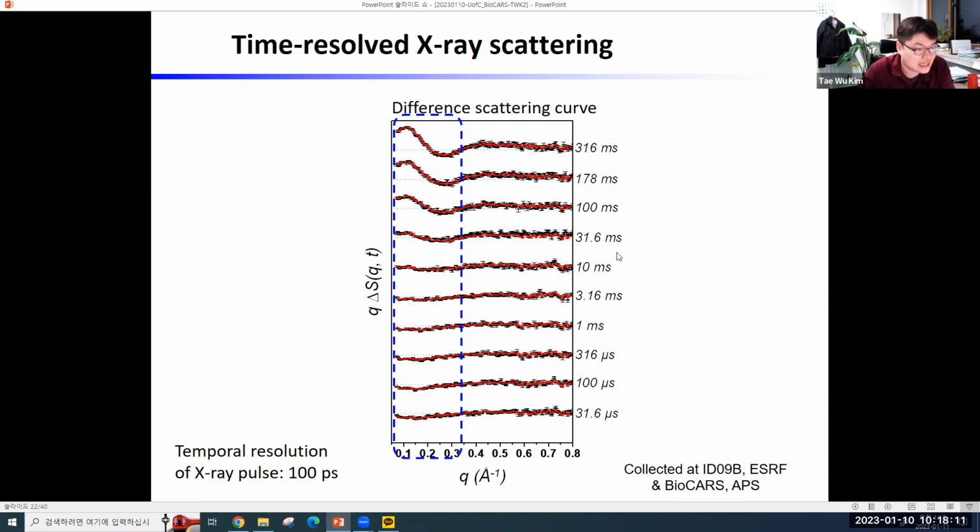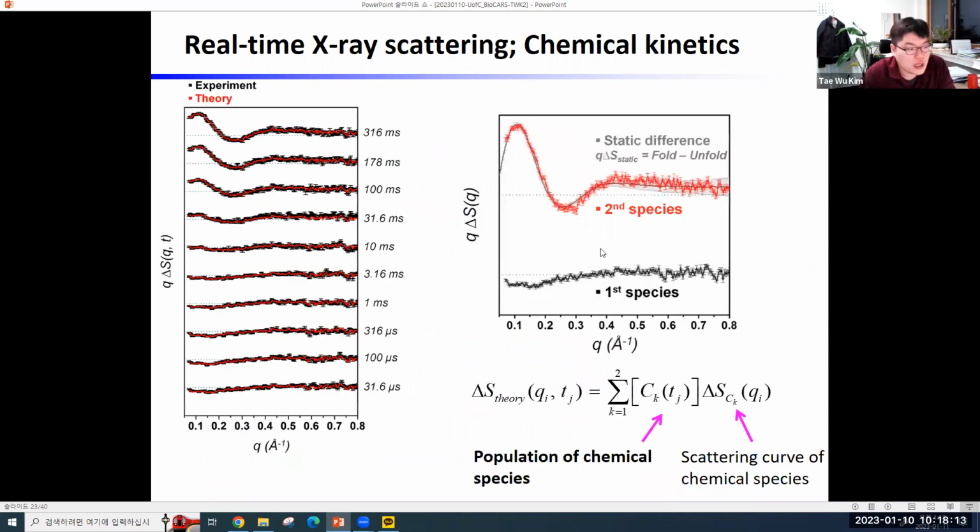However, this entire spectrum is a little hard to digest, so to extract the species-associated spectrum for each species, we did a global kinetic analysis to get species-specific characteristics from this data.